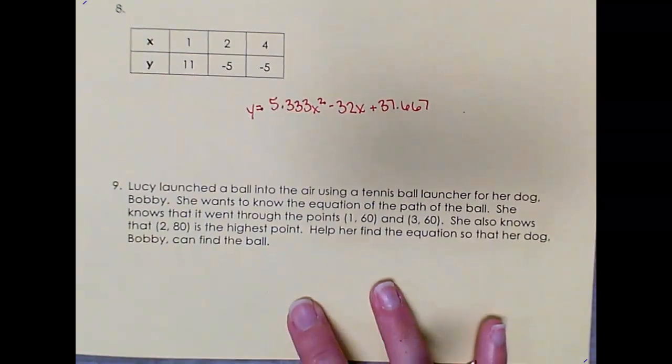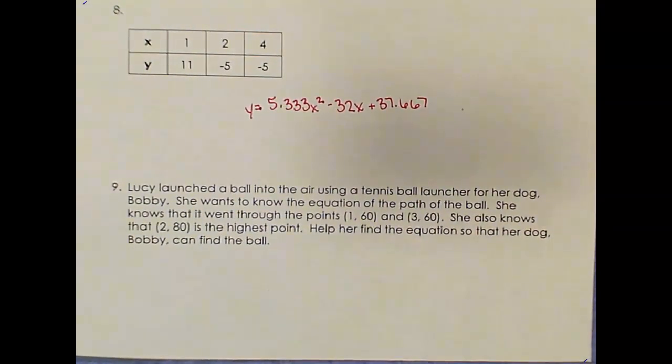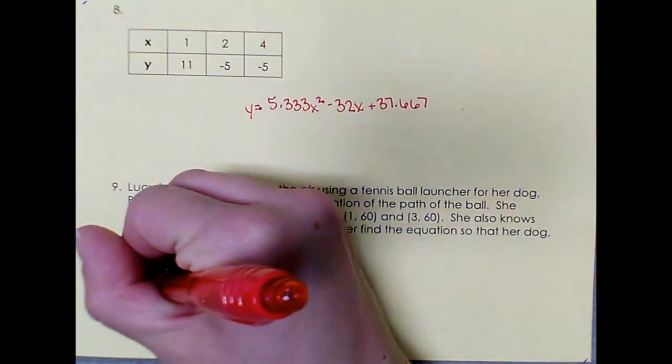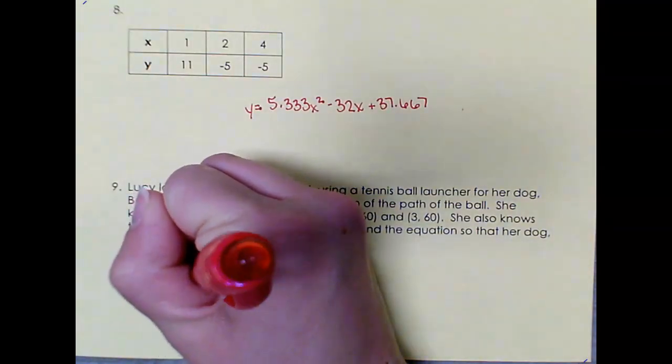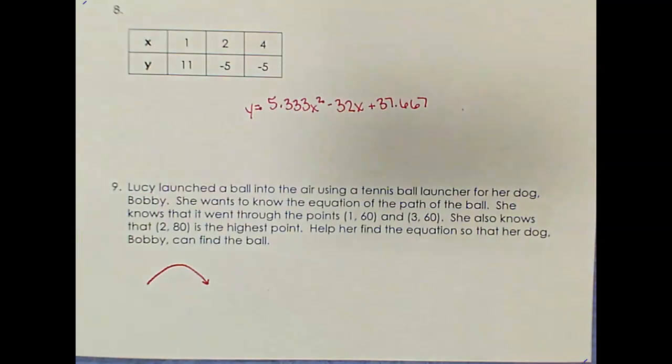So the last problem is a word problem, and it says Lucy launched a ball into the air using a tennis ball launcher for her dog, Bobby. She wants to know the equation of the path of the ball. Whenever you throw a ball up, it must come back down, right? So what shape is that? That's a parabola.